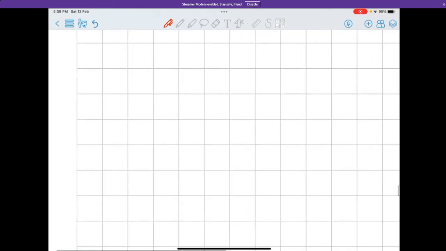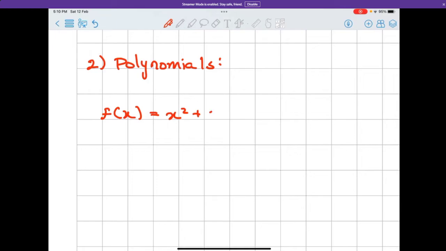Now, what about polynomial functions? Polynomial functions are a lot easier to find in terms of domain, because here's an example of a polynomial function. x squared plus 3x minus 1.